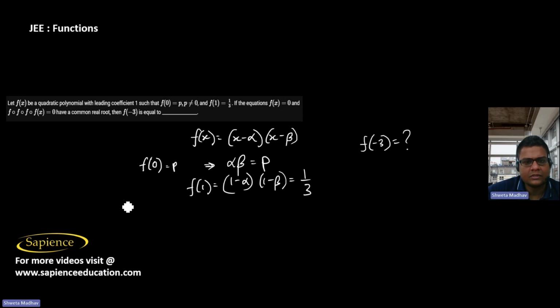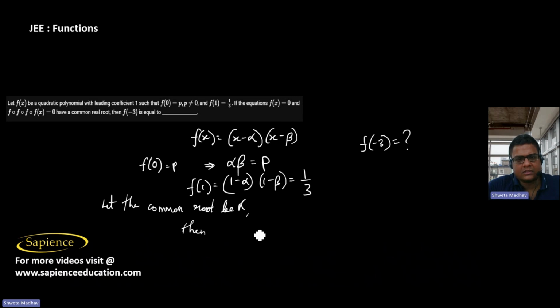So here it is told that the equation f of x equal to 0 and f of f of x equal to 0 have a common real root. So let the common real root be alpha. Then therefore I can say that f of alpha is equal to 0.